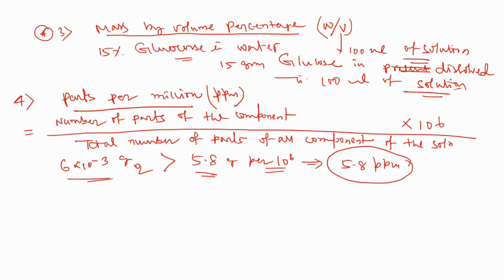There is a lot of seawater, but from a huge amount of the seawater we are getting 5.8 ppm oxygen. So when we try to describe a very small amount of the parts in a huge amount of the solution medium, then we have to use the ppm, the parts per million. So this is one more thing.